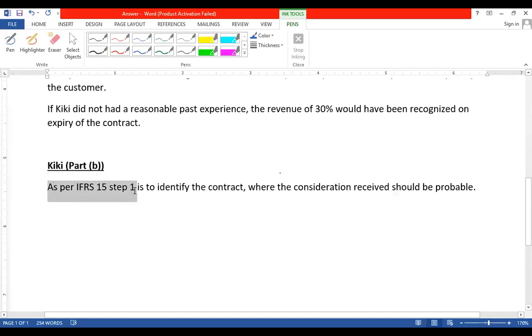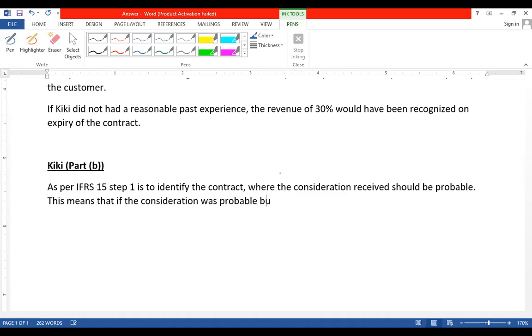This means that if the consideration was probable but not received later, revenue shall be recognized with an impairment loss later.